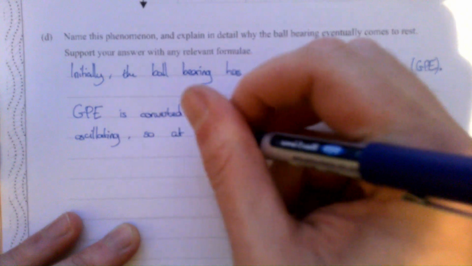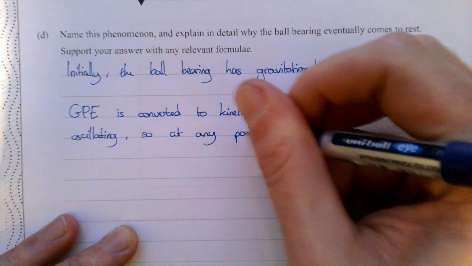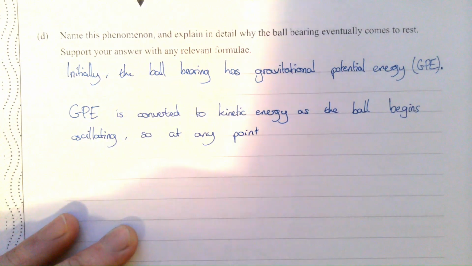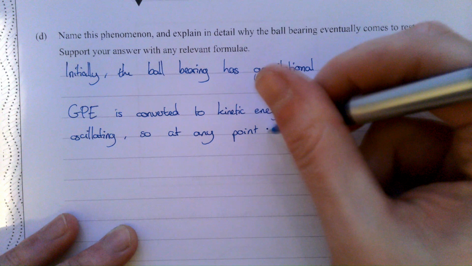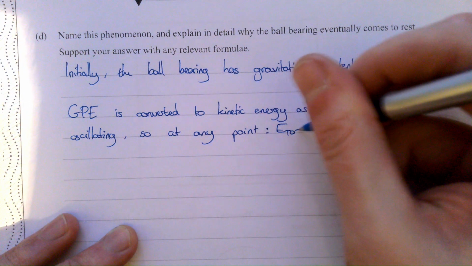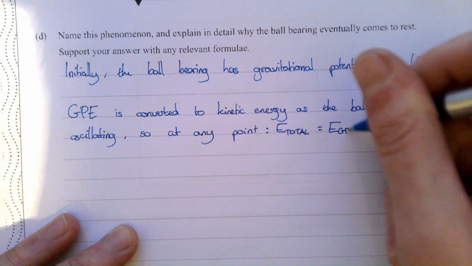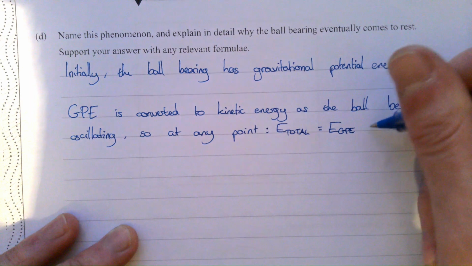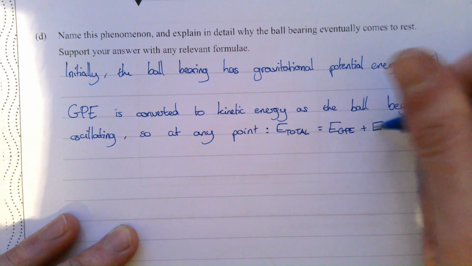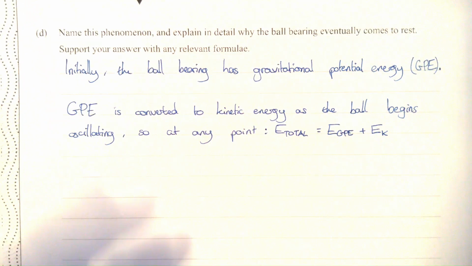I'm going to give a general equation here. So at any point, the E total, the total energy of the system, is equal to EGPE, using my abbreviation, plus EK, kinetic energy.